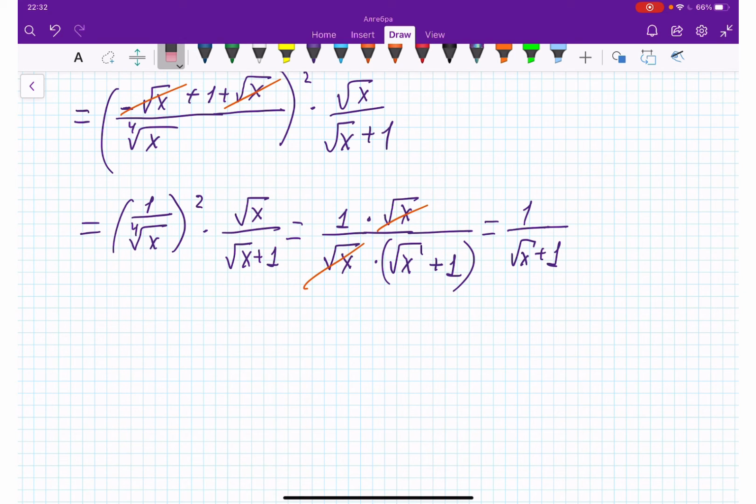How am I going to get rid of this square root in denominator? 1 over square root x plus 1. Look, if I take the square root to power 2, square root is going to be gone, right? Therefore, since I have here square root x plus 1, I'm going to add square root x minus 1.